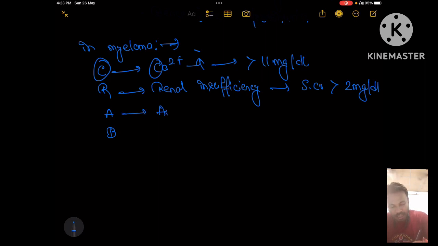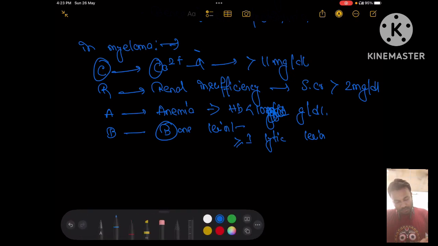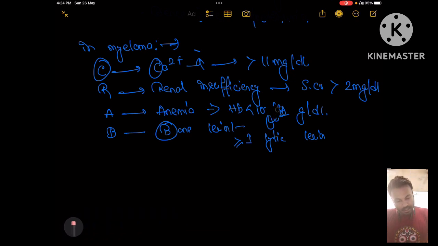A for anemia: hemoglobin less than 10 gram per deciliter. And B for bone: more than 1 lytic lesion.